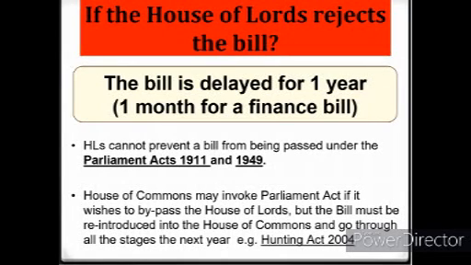It can't prevent a bill from being passed because the House of Commons can invoke the Parliamentary Acts of 1911 and 1949 to force a bill to go through and become law. And as I said, this happened with the Hunting Act of 2004.